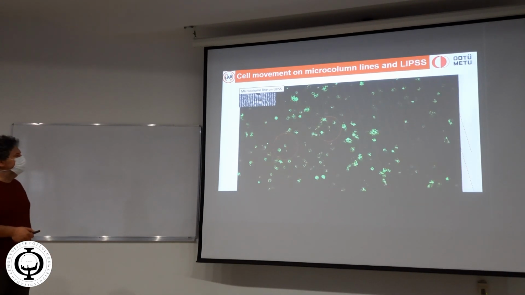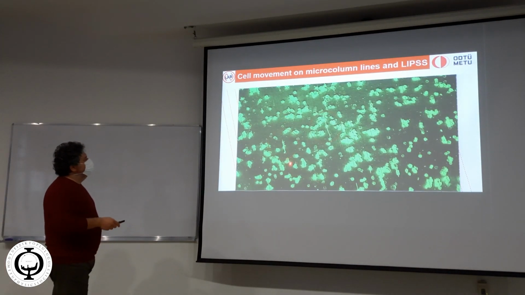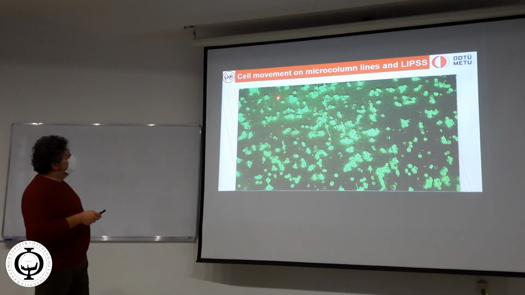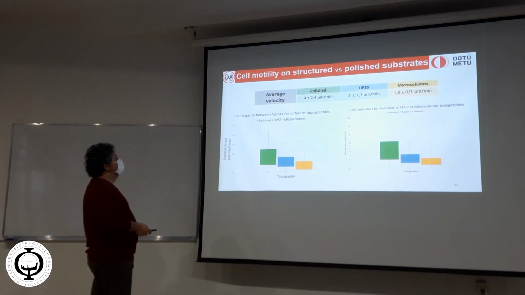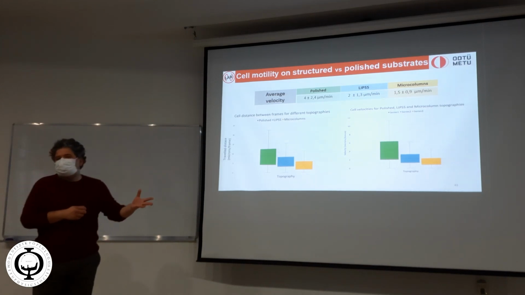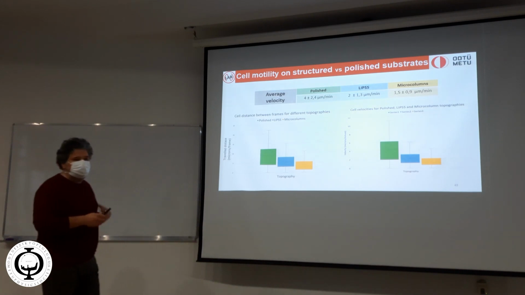Now if you take a look where they move, it turns out that they move on the microcolumns and they are aligned in the direction of the microcolumns on lips. So you can do automated cell statistics using some image processing tool like ImageJ or whatever gradient, etc.